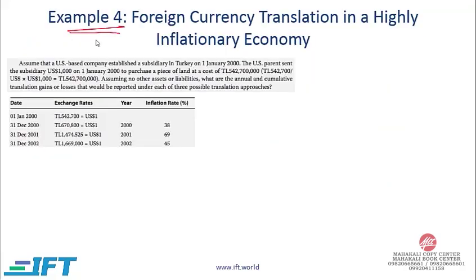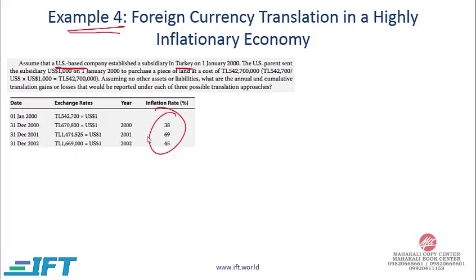Next, we come to example 4, and this is a little bit tricky because the discussion on inflationary economies actually comes later in the curriculum. But here an example has been given, again with a US-based parent company and a subsidiary in Turkey. And we are told that in Turkey we have very high inflation.